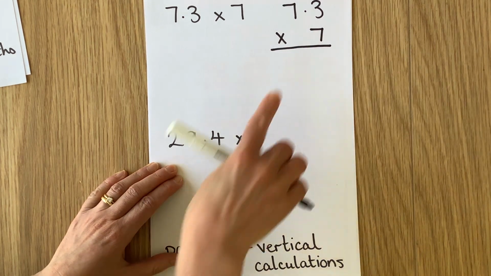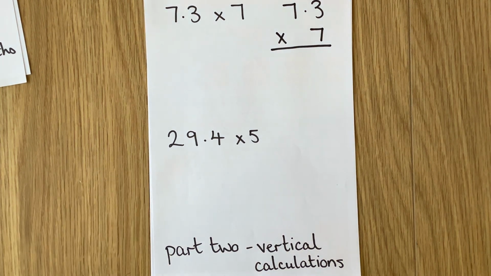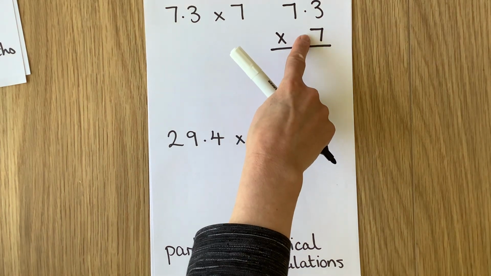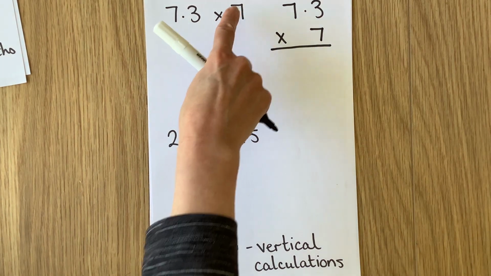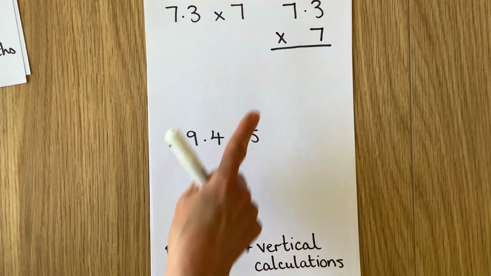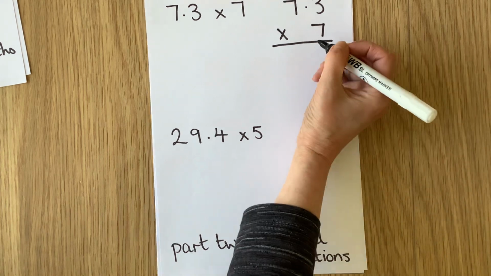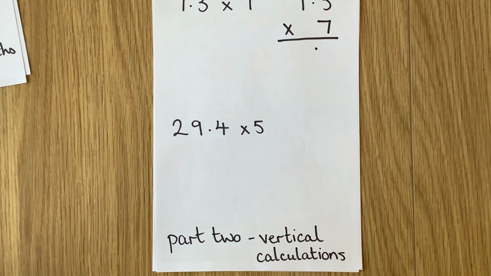Now, I'm not putting a decimal point beside the 7 that I'm multiplying by. I'm not multiplying it by 0.7. I'm multiplying it by 7 full groups. There is no decimal point there, but I will need a decimal point in my answer.